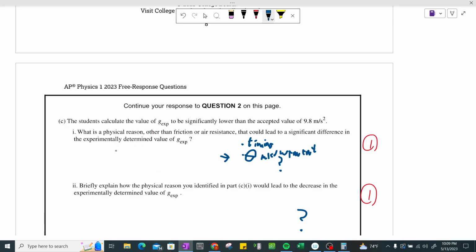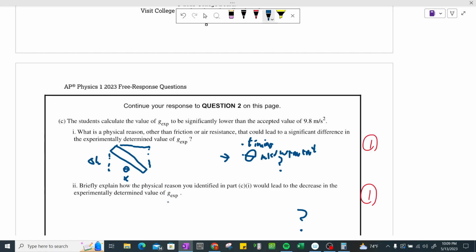A common one I've actually seen in our labs is, say you have your track like this. Your height is really a change from here to here, right? So it's actually the same as this change here. And this is our, we'll say it's our x. And then we'd have to use trig to find our angle theta here. To make it a significant difference, we'd have to figure out how that would affect it.